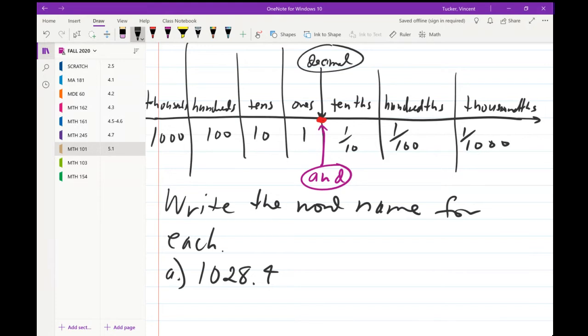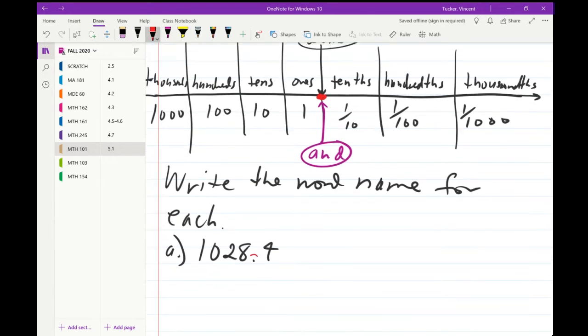All right, so let's look at the first one, 1028.4. Once again, just reemphasizing that we do not say "and" until we get to the decimal.